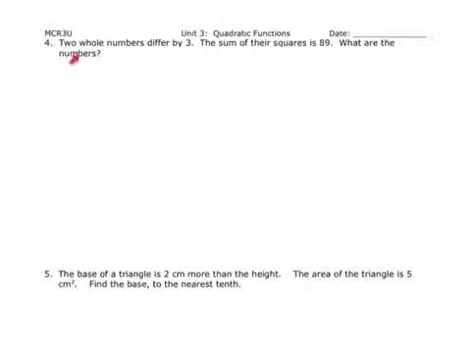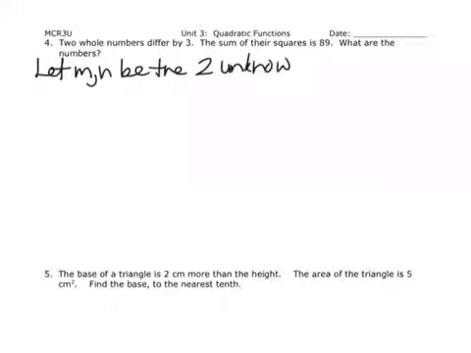We don't know what the two numbers are, so that's easy. Instead of using x and y, you absolutely can, but I'm just going to use two different letters. I can use, let's say, m and n. So let m and n be the two unknown numbers.